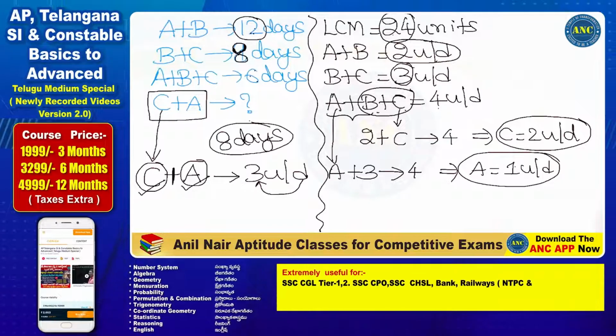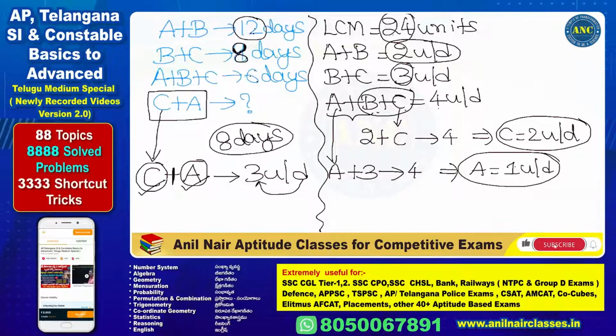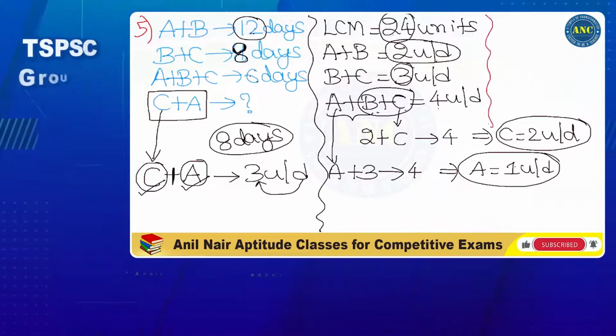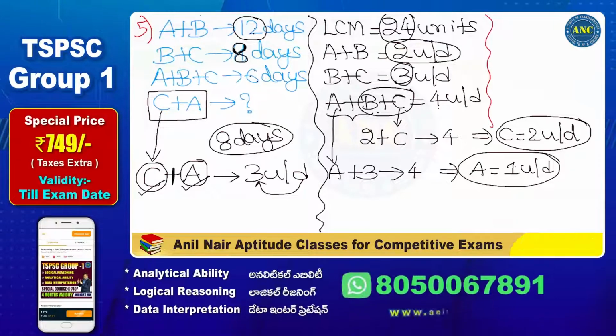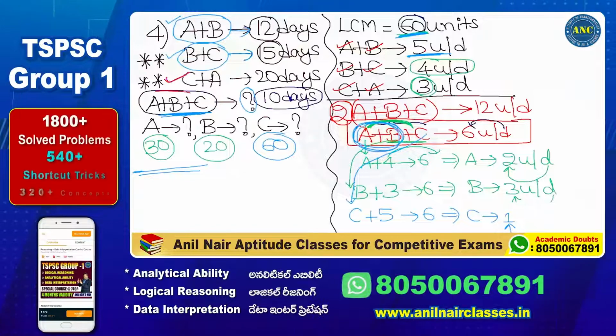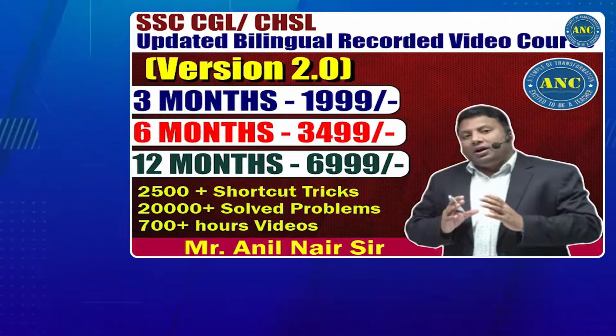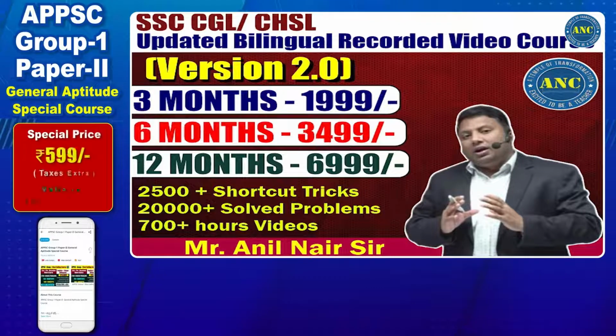Now before that, let us try to convert this question number 5 to question number 4 format, right? If I want to convert to question number 4, I should know the C plus A value, and I should find out the A plus B plus C value. Let us convert it. A plus B will be 12 days as per the question.